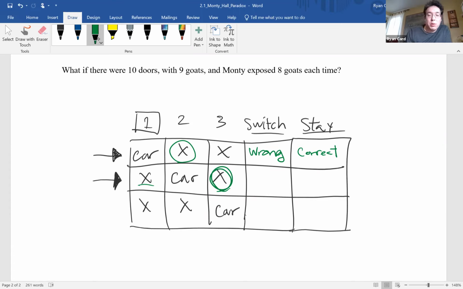So Monty will reveal door three and say, oh, this is where the goat is. Would you like to switch or not? In this case, switching is the right decision because the car is behind door number two. So switching is the correct decision, and staying is the wrong decision.